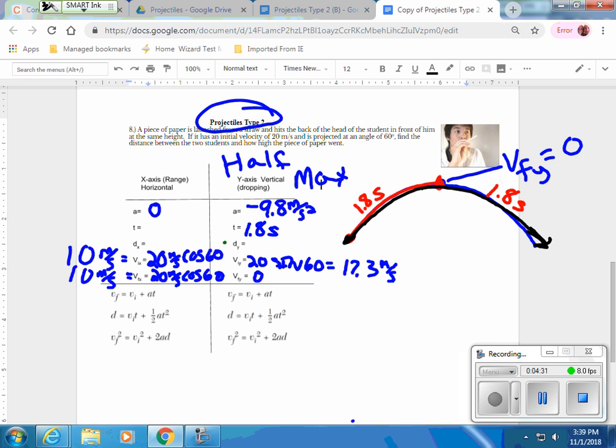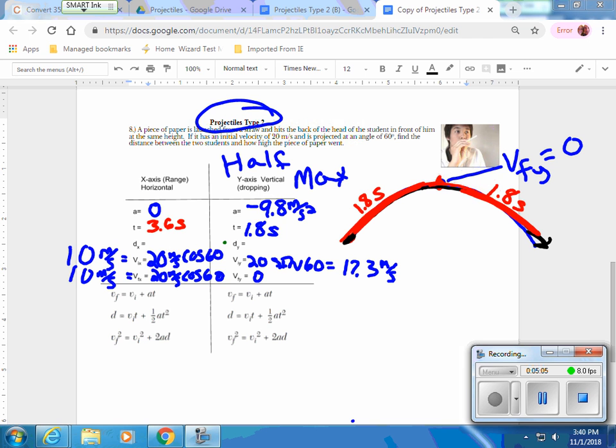Alright. So the total time, I'll put it right here, is going to be doubled. So if I wanted to add those two up, I actually did 1.76 and multiplied it by 2. Pause. Alright, continuing. I would get, doubling the time, 3.6 seconds because I'm going up at this time and down at that time.